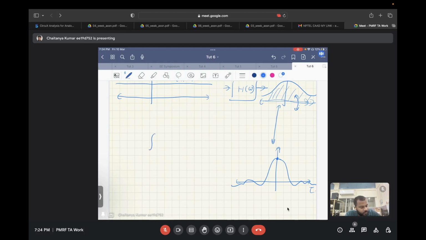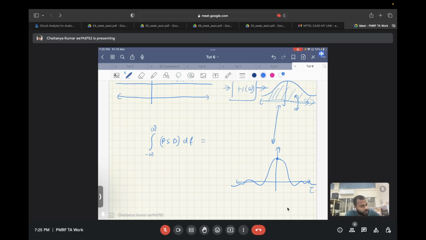The integration from minus infinity to infinity of PSD times df is equal to what in the time domain? It's not the DC value of the autocorrelation function.